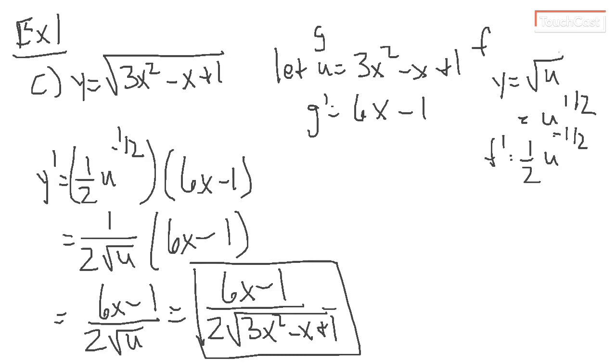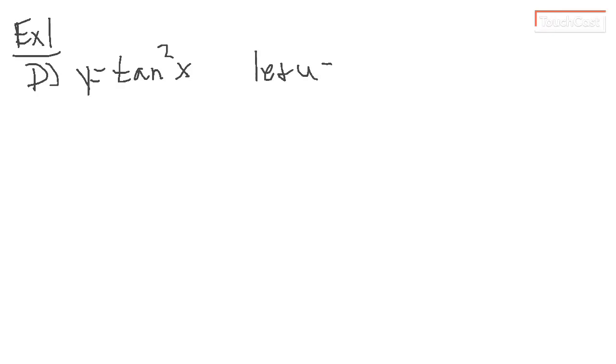Let's look at another example. We'll call this example 1d. Our function is going to be y equals tangent squared x. Now, if I'm going to have a trig function involved, and that trig function to a power, I'm going to actually let u equal my trig function. And then I'm going to let y equal u to whatever power the trig function is raised to.